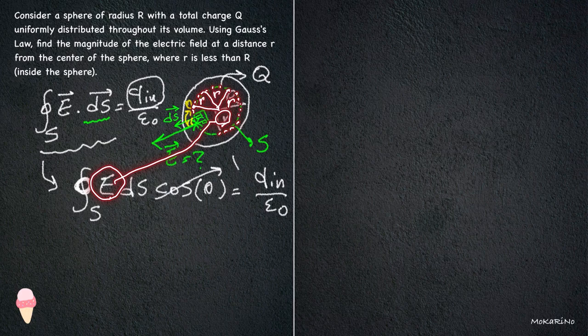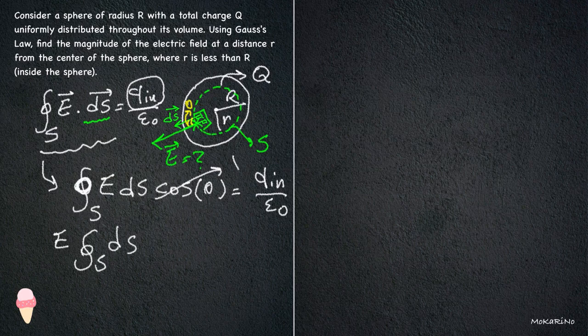So I can say that the electric field on this surface is constant. At all points, the electric field is constant on the surface, so I can put it outside of this integral. And I can say that E integral ds is equal to q in over epsilon 0.